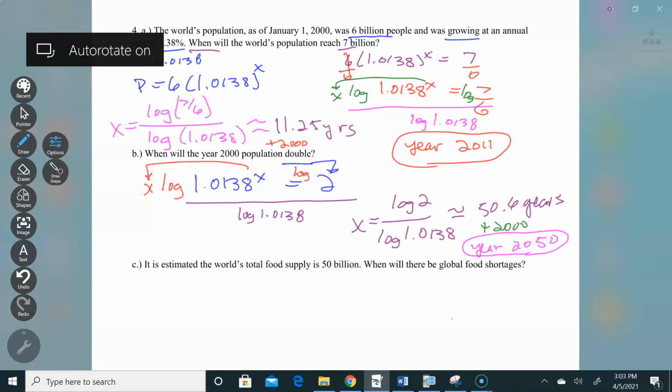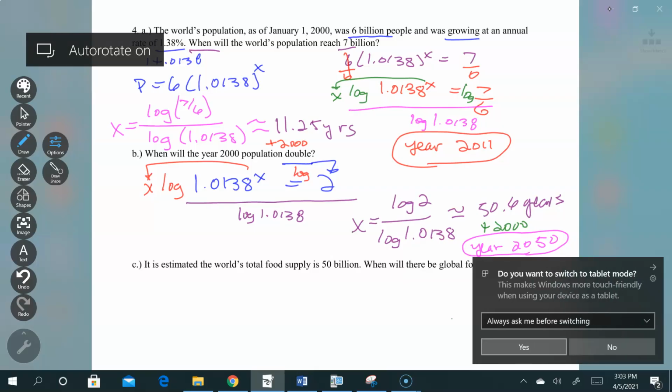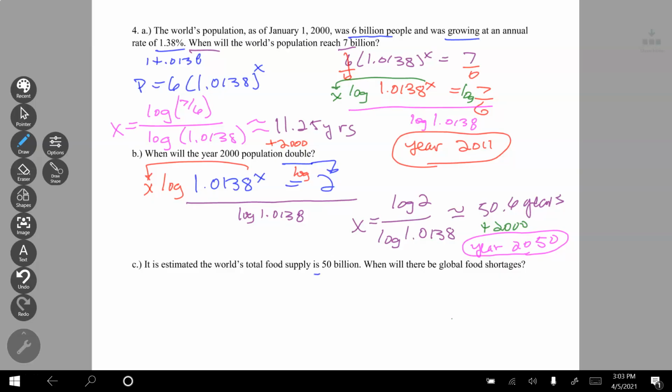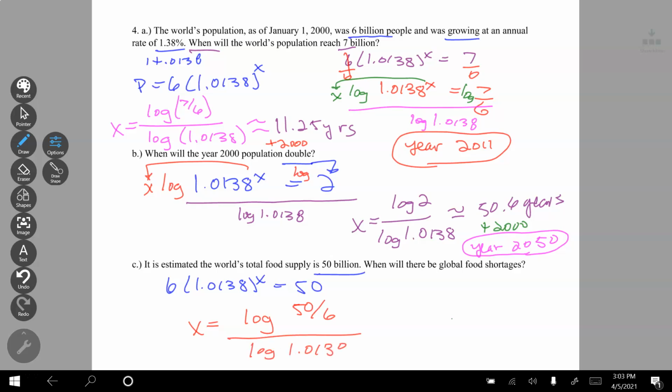And the last one basically says, when we expect our food shortages to be at 50 billion. So I'm going to take my equation, 6 times 1.0138 raised to the x is equal to 50. I'm going to do exactly what I did for part A, but I'm not going to write it all out because I already did it. I know x is going to equal log of 50 over 6, over log of 1.0138.